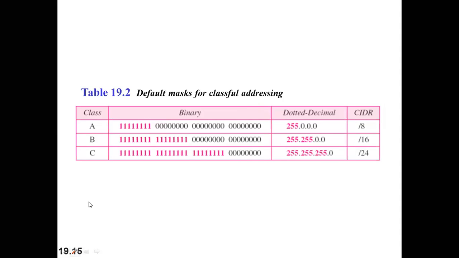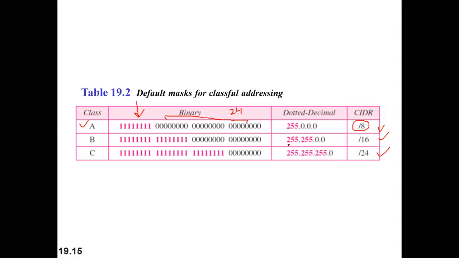So for class A, the CIDR value will be slash 8. It means the first 8 bits are used for the network address, and the remaining 24 bits will be used for host addressing.